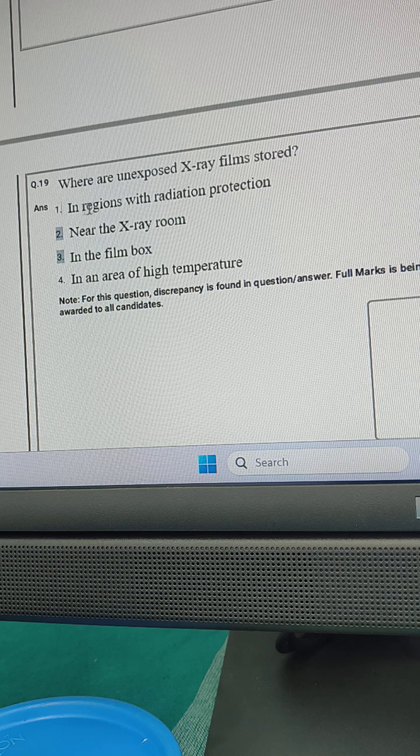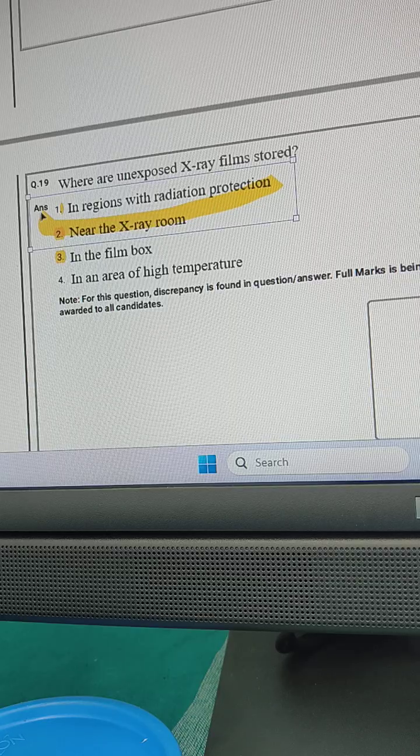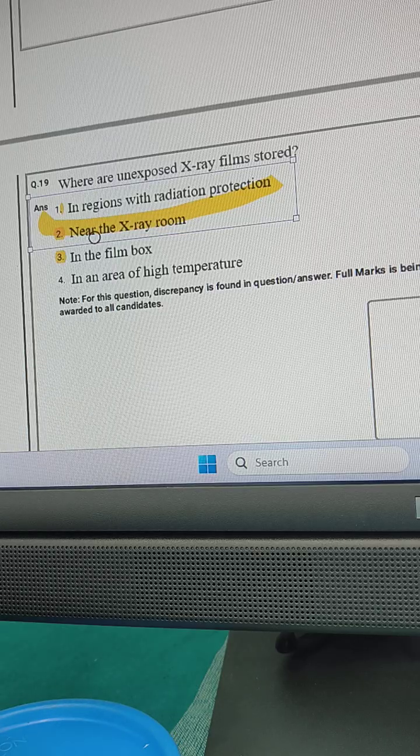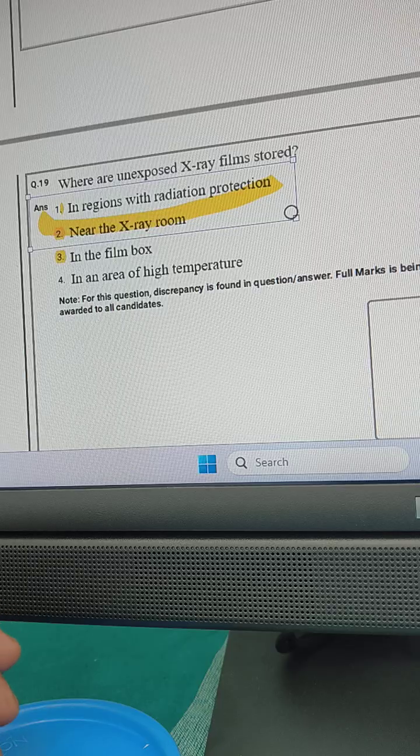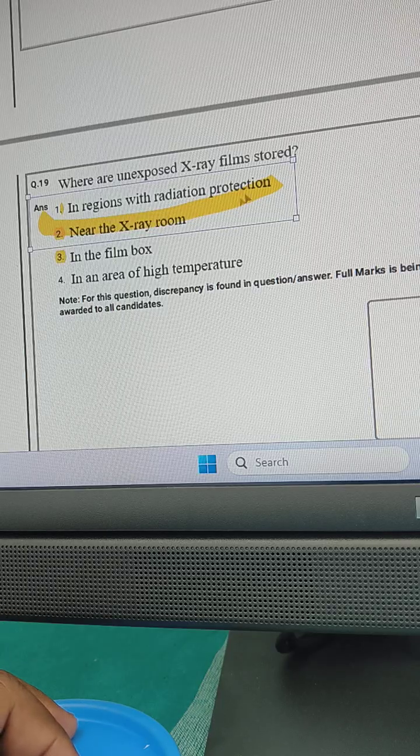So according to these options, the correct answer is in the region with radiation protection, option 1. But this question was cancelled in this exam. When it comes in the next exam, the correct answer is the vertical box: store the X-ray film in a vertical box, outside the X-ray exposure area or in radiation protection space. So the correct answer is A.